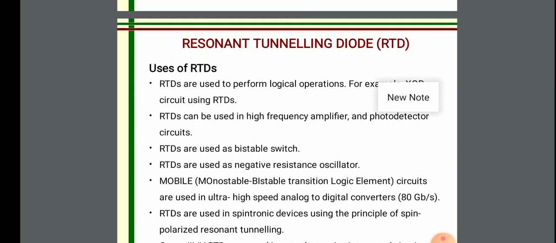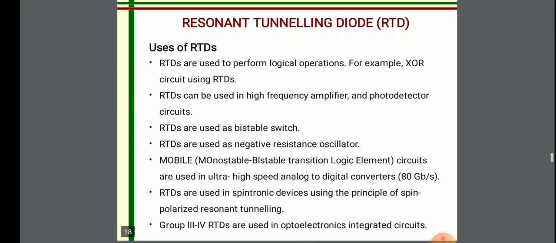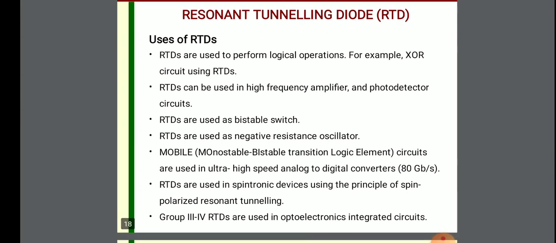The speed should be 80 gigabits per second. It is also used in spintronic devices using the principle of spin polarized tunneling. Here, the elements used are most probably from the third and fourth groups of the periodic table, and it is used in optoelectronic integrated circuits, that is, ICs.